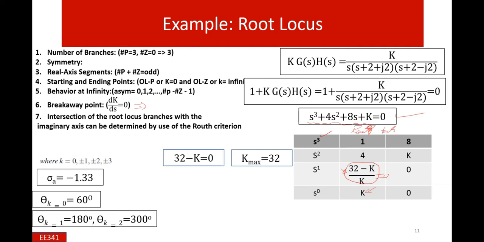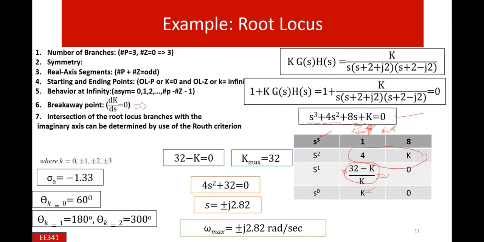And how do we find that oscillation frequency? When this row is equal to 0, we take the auxiliary polynomial of the row above the zeros, which is the special case already studied in the Routh table. So it is 4s square plus 32, and by solving this equation we find that s is equal to this one.